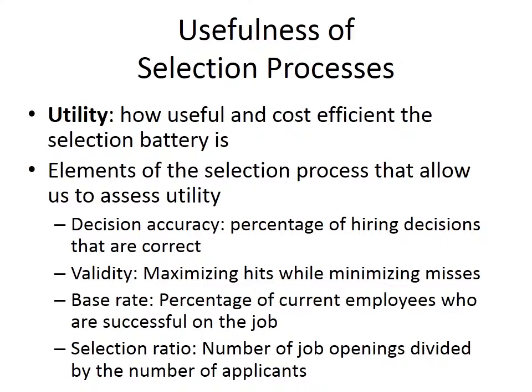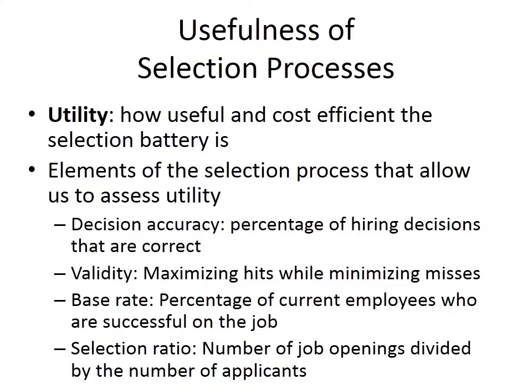We still want to know at the end, once you put all of this together, what is the amount of variance being explained in our predictors of actual performance. And again, the higher that validity, the higher that coefficient, the more hits we're going to get and the fewer misses. We also need to know the base rate before any change or before any intervention.